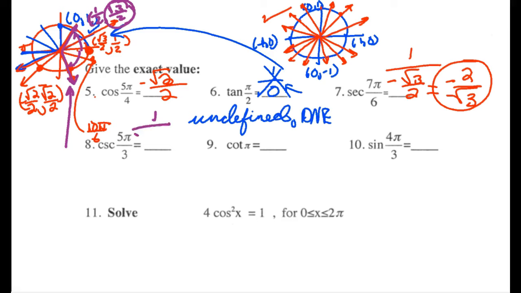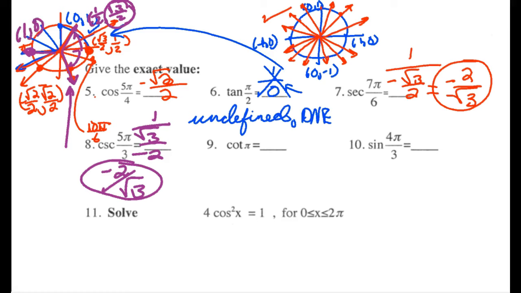So I actually get the same answer I got for number 7. I get 1 over negative root 3 over 2, and I reciprocate that, and I can just leave it without rationalizing the denominator. Cotangent of pi is cosine over sine. Cosine is x. Sine is y. Again, I get 1 over 0, which I don't leave. I say DNE, or undefined.